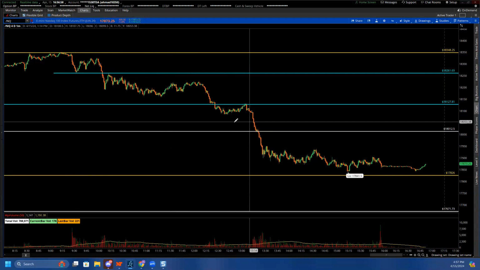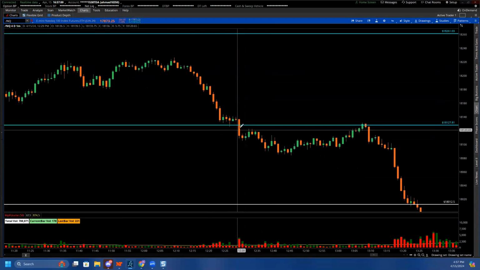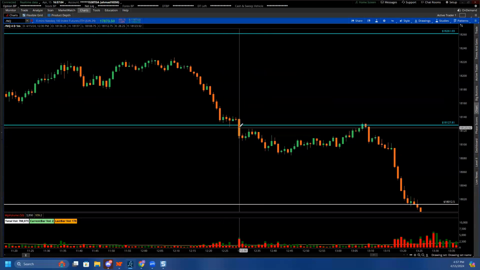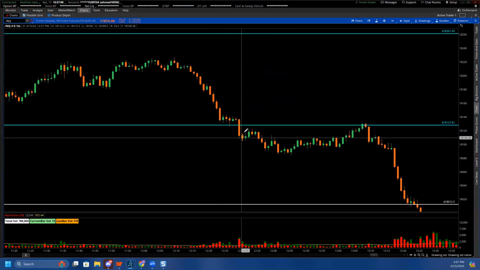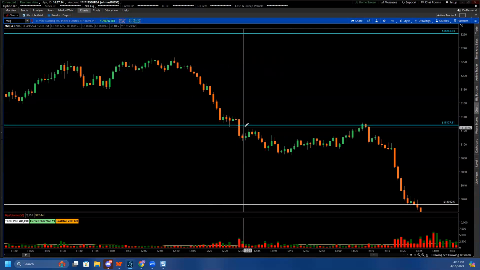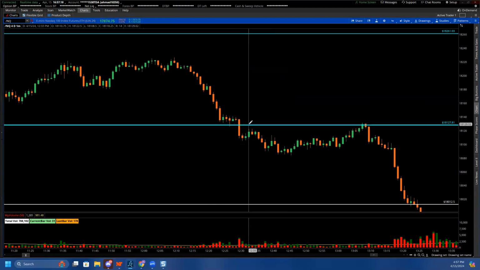For example, if the price falls below this level more than 10, 12 points, then don't put a buy stop order, because that means that level did not hold, and this will probably act as a resistance now, right? So maybe use that level to sell short when the market comes back at that level, which it did right here, right?